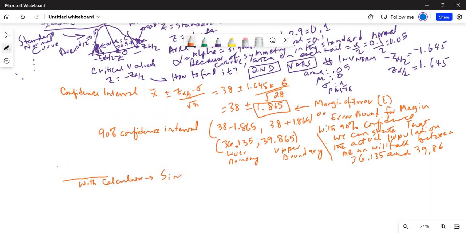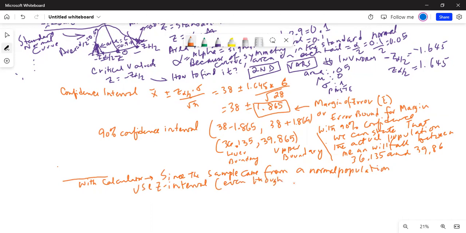Since the sample came from a normal population, use Z interval, even though n is equal to 28.